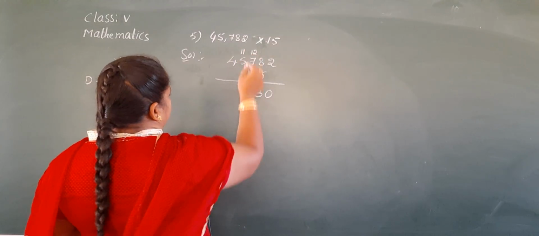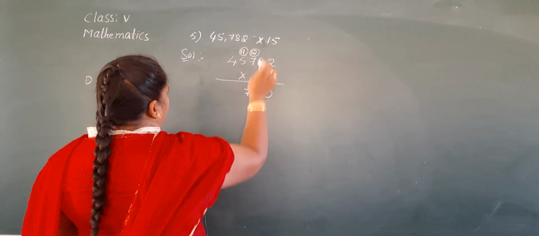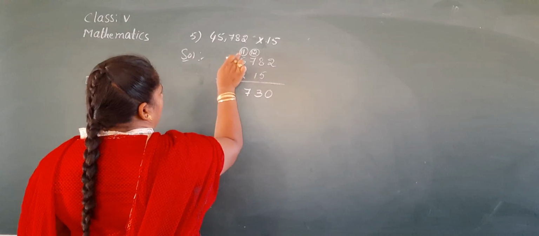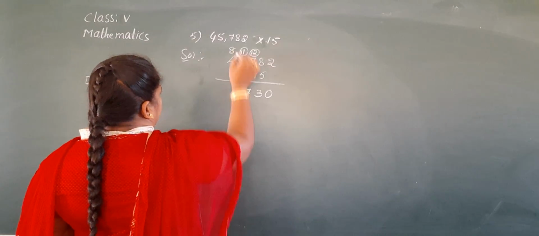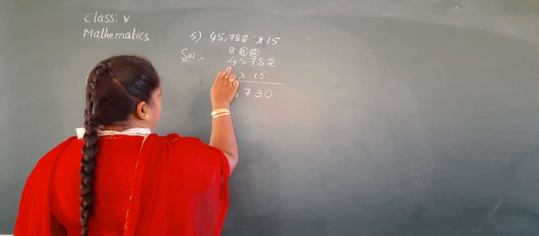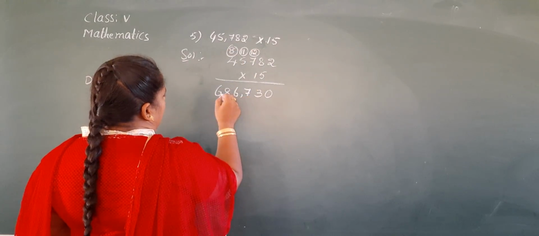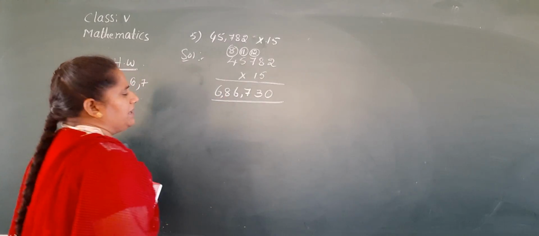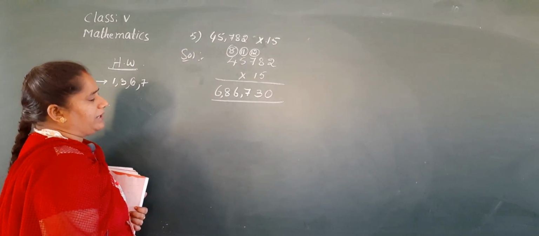So we'll write 11 side and 11 up and 7 down. Now 15 5s are 75 plus 11, 86. 8 up, 6 down. 15 4s are 60 plus 8, 68. So the answer is 686,730. In case if you don't know the 15 table, how can we do?